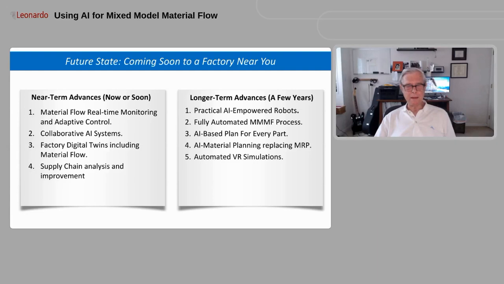So, fully automated MMF, the mixed model material flow process. I could see, we're not there yet. Right now we're using AI as kind of tools to work with humans. But I wouldn't be surprised if in the future a lot of those steps in our 9-step roadmap could be completely automated.